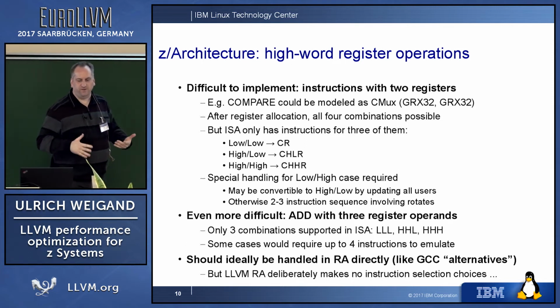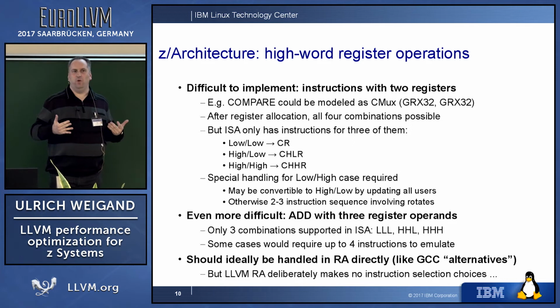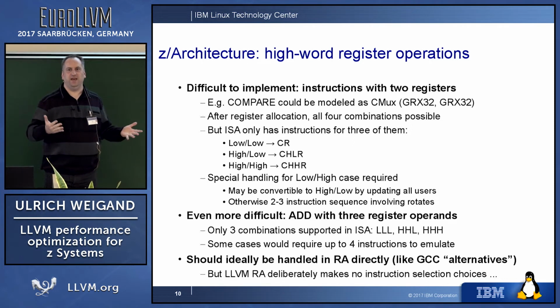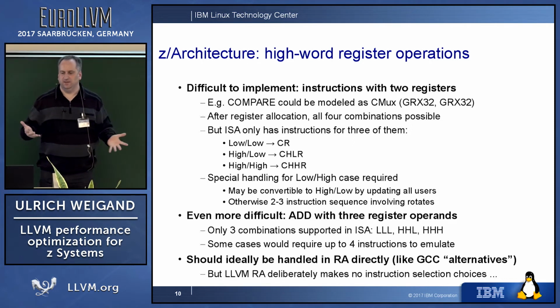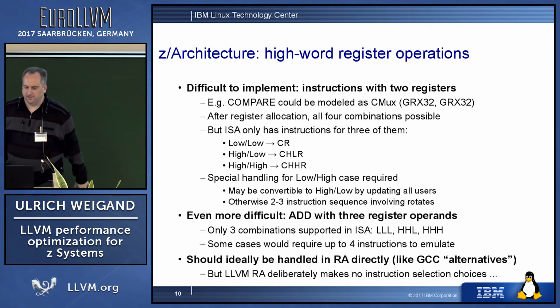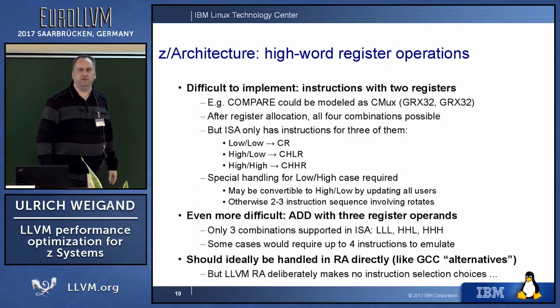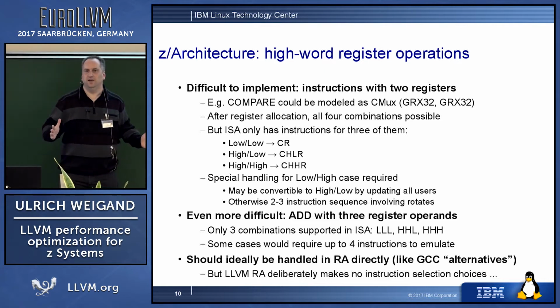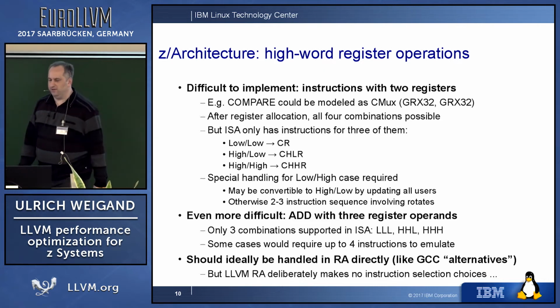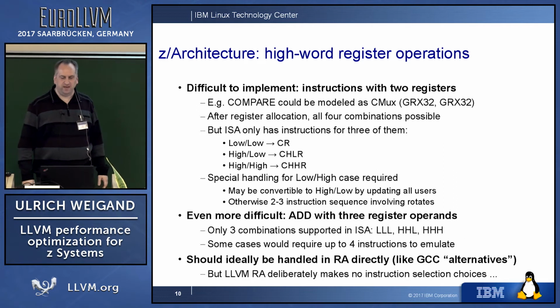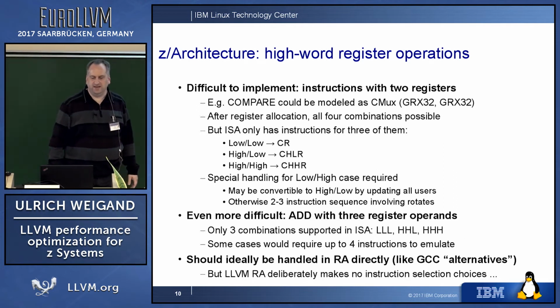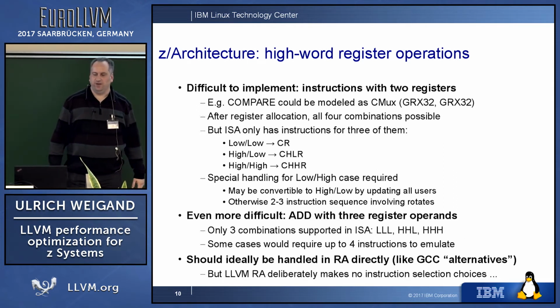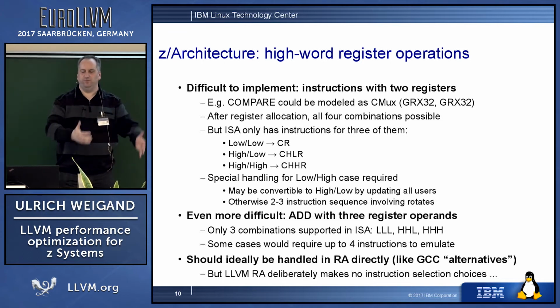If we offer that pseudo, some of those combinations we can't easily translate into real hardware. I mean, we can always do it with long sequences of instructions, but then you get performance regressions. And even worse, if we have things like an add with 3 register operands, you get all 8 combinations, but only 3 of them we actually have in hardware.